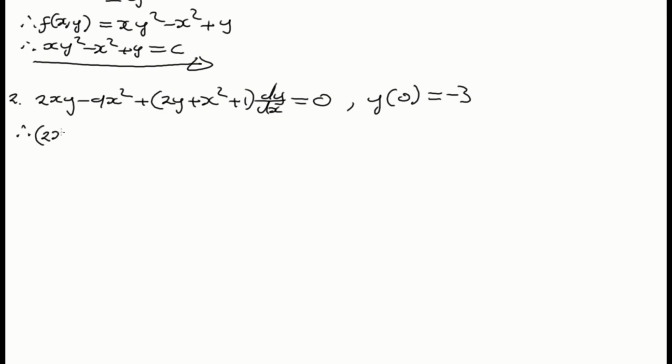We're having 2xy multiplied by dx minus 9x squared multiplied by dx. So dx will be common in these 2 terms, so we put dx outside, plus (2y plus x squared plus 1) dy is equal to, when dx comes here, it will give us a 0 because there is a 0 there. So it equals 0. So this is the standard form.